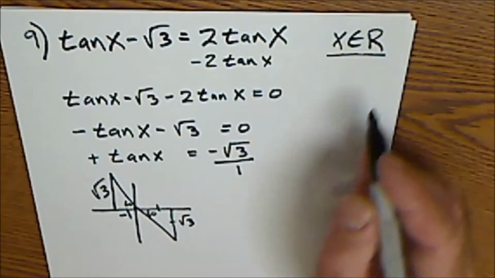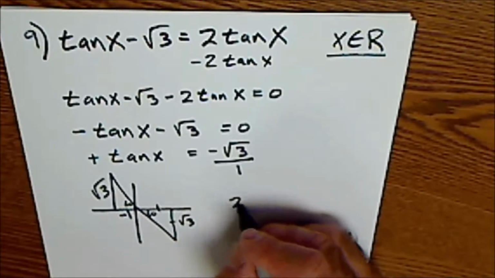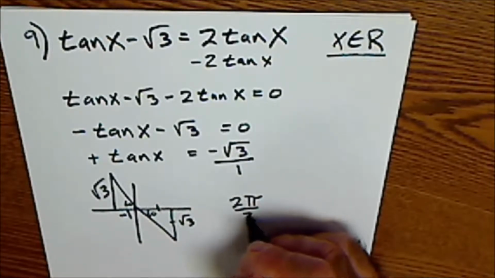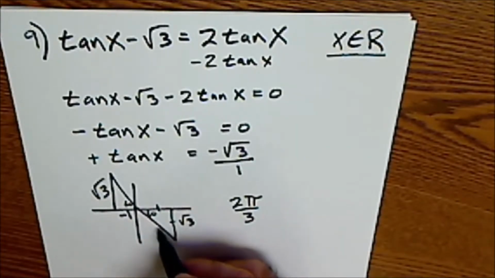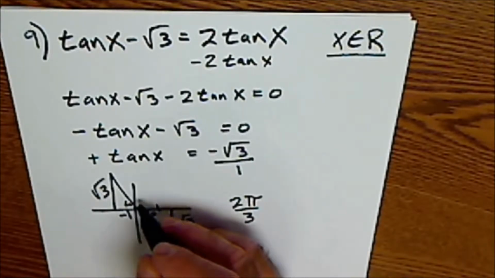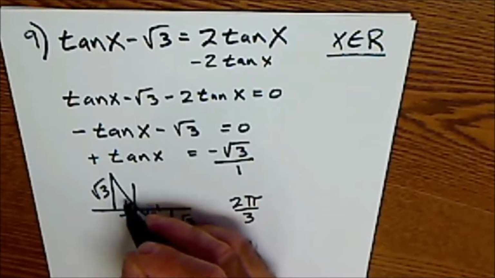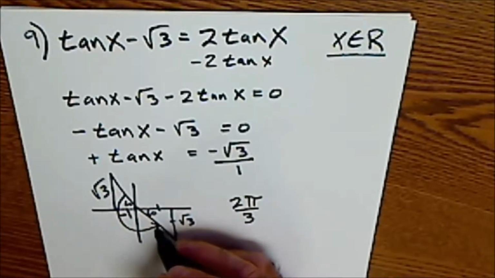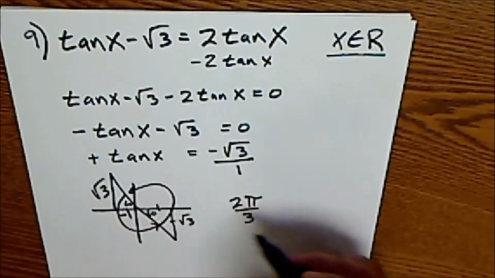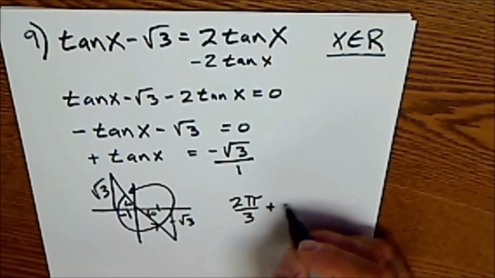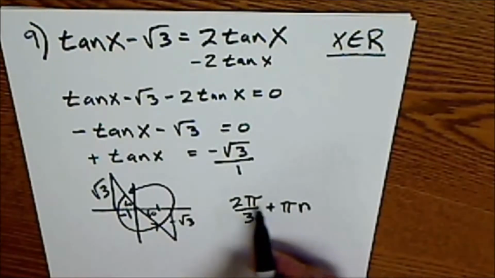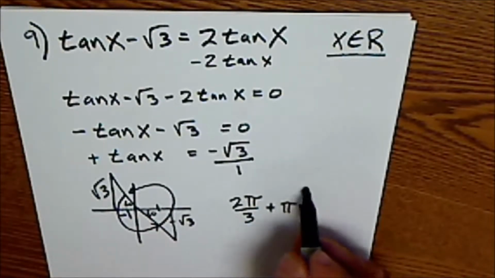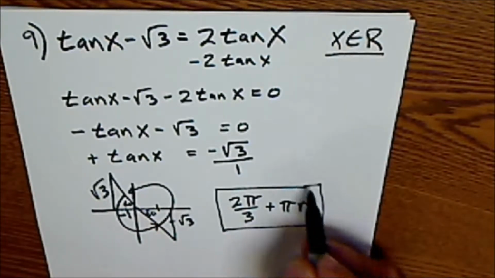I want all solutions, so my first value is 2 pi over 3 plus 360n, and then 5 pi over 3. But I could see also that this actually cycles every 180 degrees or pi, so I could just say 2 pi over 3 plus pi n. When n equals 1, that would give me my 5 pi over 3. So there's my solution to number 9.